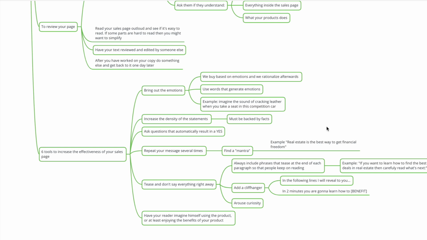Because they will be like, oh, this is the same stuff that we hear all the time on TV, on the radio, that we read in ads, and it's not interesting. So you have to be very careful. Everything you say must be factual, must be backed by claims. You have to explain why in a simple way. It's not easy, but it's going to make your copy so much more effective, right?